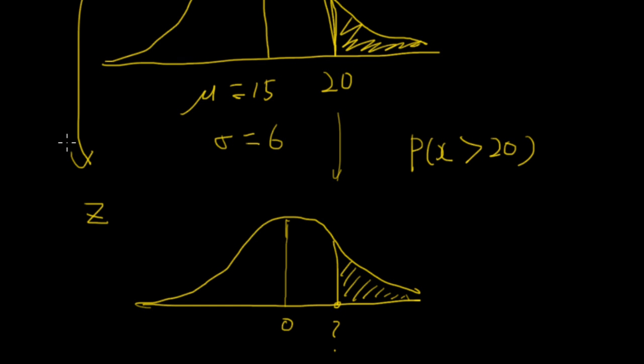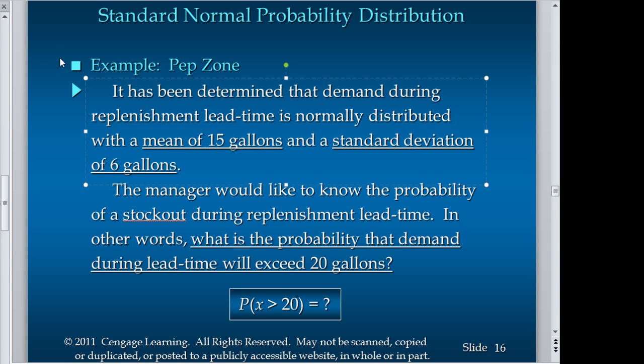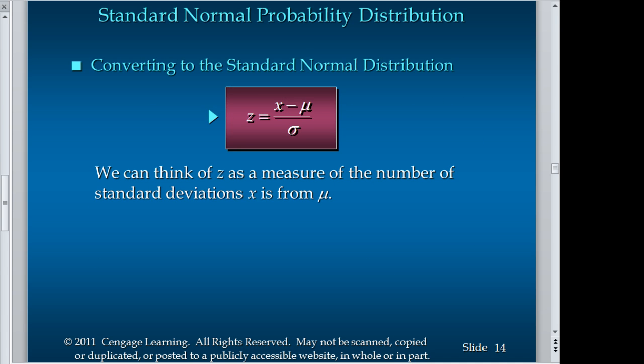So how do you convert your X to Z, the corresponding Z value for X? Well, you use that formula, Z equals X minus mu over sigma. Isn't that what the PowerPoint says? If you go back to the PowerPoint, page 14, you can get your Z using that formula right there.